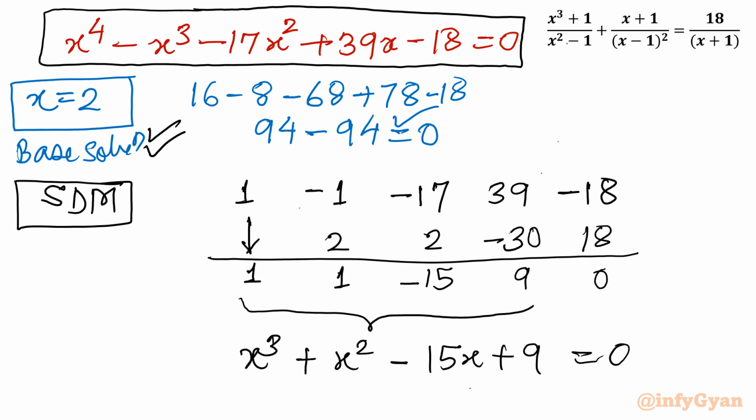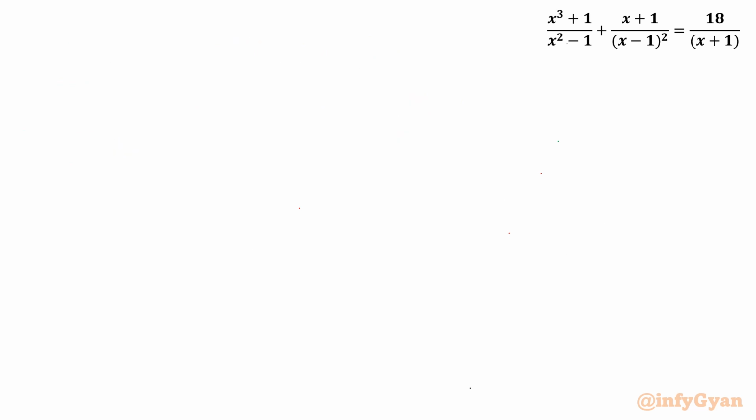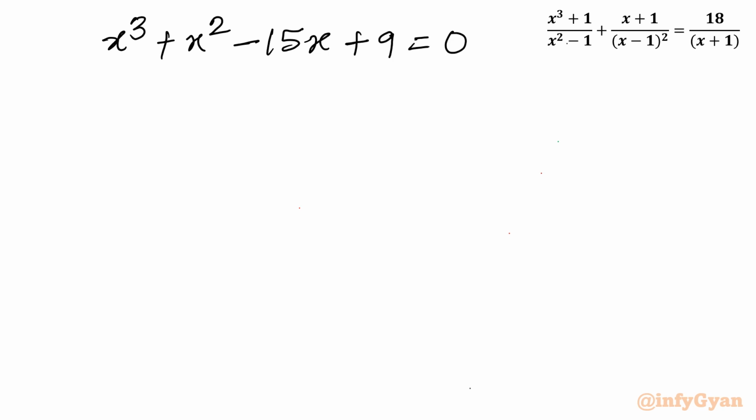Now I will again use synthetic division method, the rational root theorem. Let me write this equation here. x cube plus x square minus 15x plus 9 equal to 0. Now if I write all the eligible factors of constant number 9, you will get factors plus minus 1, plus minus 3, plus minus 9.